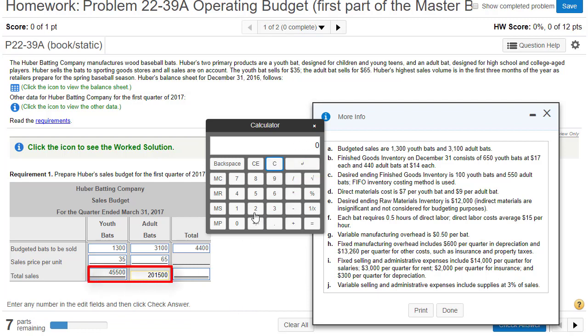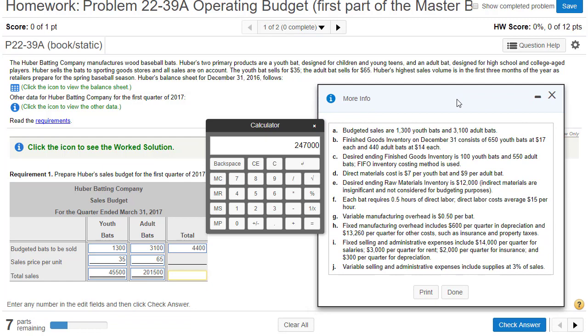And then we're just going to add those two together, 201,500 plus 45,500 gives us $247,000 of projected sales revenue.